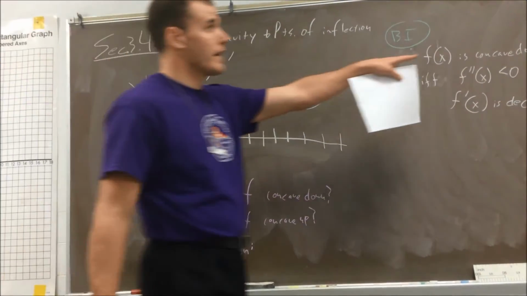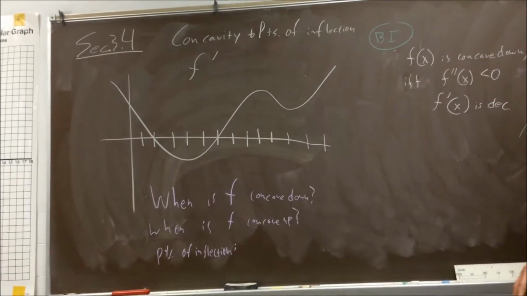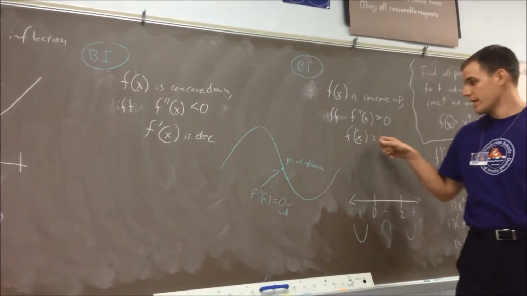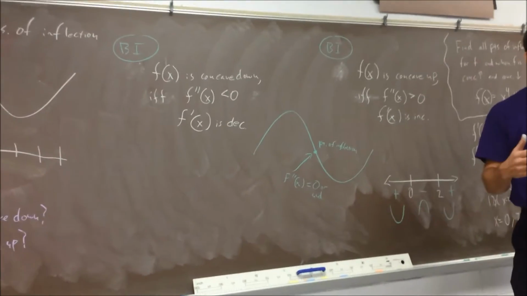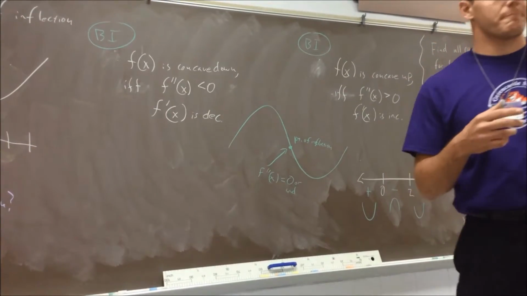Keep these two big ideas in mind right here, okay? I want you to talk with your team using this, especially this, okay? When is the original graph of f concave up or concave down? Take about 30 seconds, talk with your team.